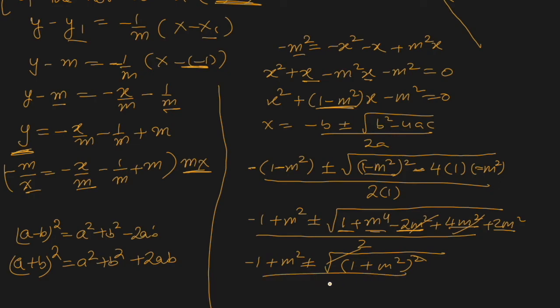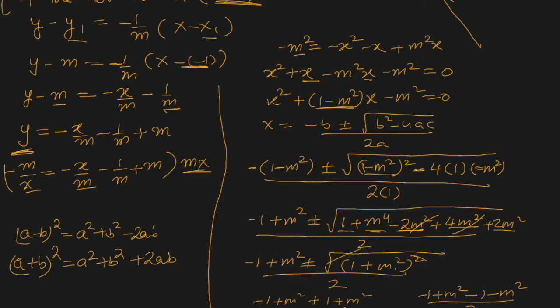So what are we left with? Divided by 2. It is minus 1 plus m square plus 1 plus m square once, and minus 1 plus m square minus 1 minus m square once. This plus will keep it the same, 1 plus m square, and this negative will change the sign of both.